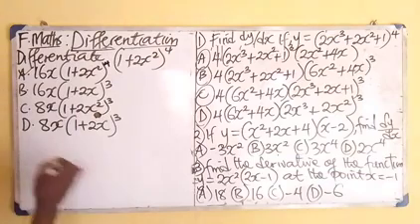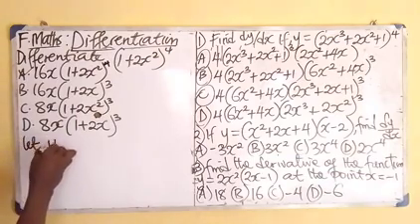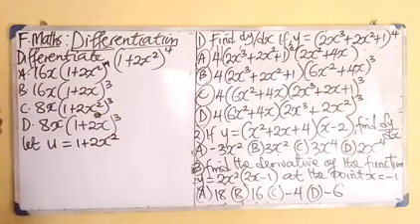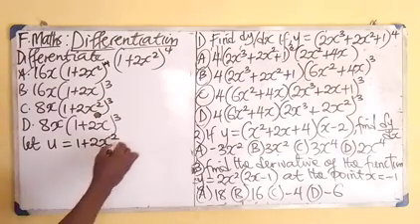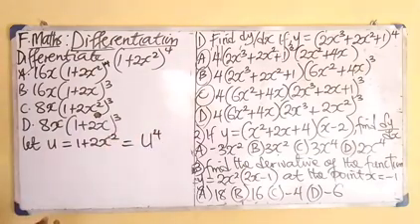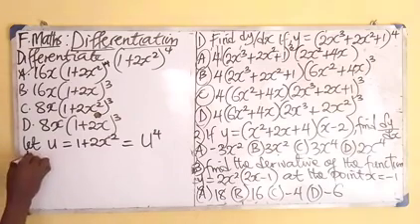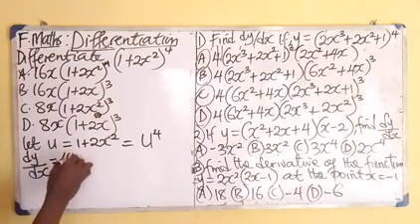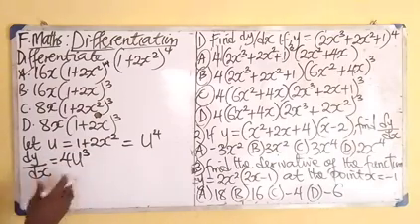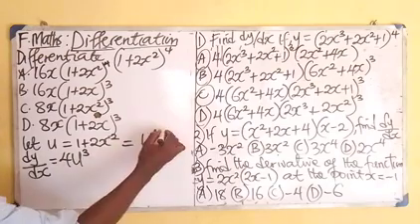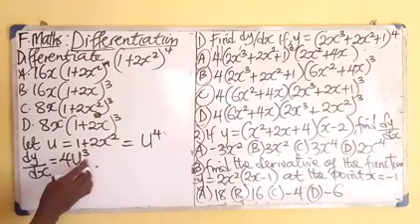You say let u equal to what? 1 plus 2x squared. Meaning that I'll have u raised by what? 4. Therefore, dy over dx equals 4u raised by what? 3. True or false? It's true now. Because if this 4 comes to the front, you'll have 4u, then remove 1 from it, I have 3.